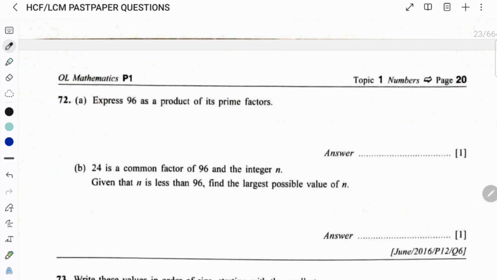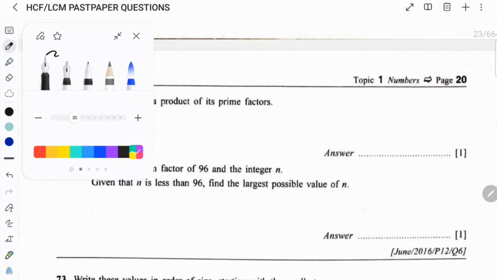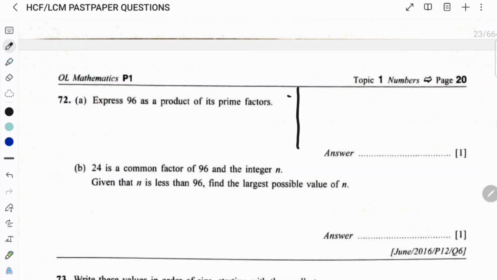So we are going to find the prime factors of 96. 96 is 2 times 48, and then again divide by 2, that is 24, and then 2 times 12 is 24, and then divide by 2 again, 2 times 6 is 12, 2 3s are 6, and 3 times 1 is 3.